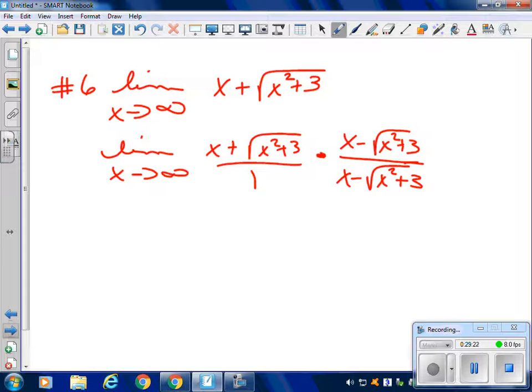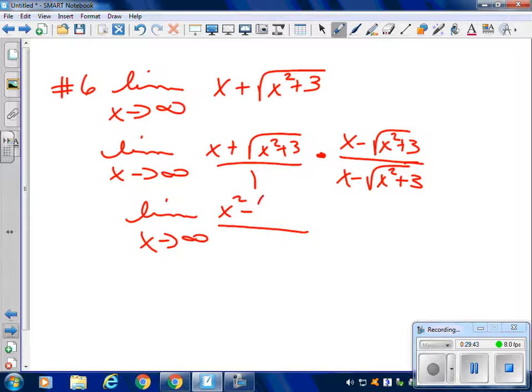So we've got to put these two together on the top using the FOIL rule about first times first and last times last. So first times first is x times x. So that's going to be x squared minus, because negative times a positive is a negative. Radical times radical does what?